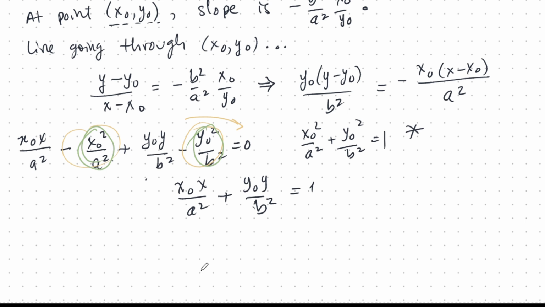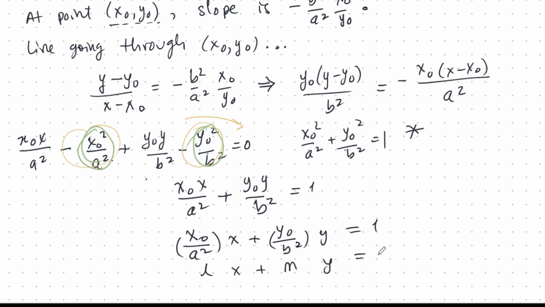And we are done. We can now write this a little bit more like our canonical form of a line. x0 over a squared x plus y0 over b squared y equals 1. So this is my L, x plus M, and this is my M, y is 1. There's my equation of the line.